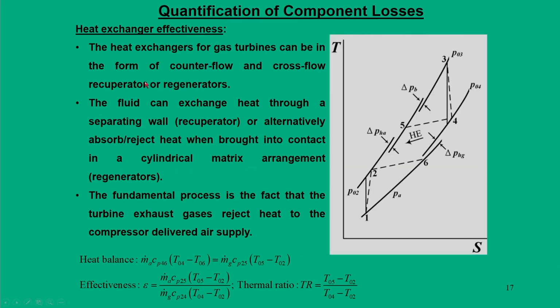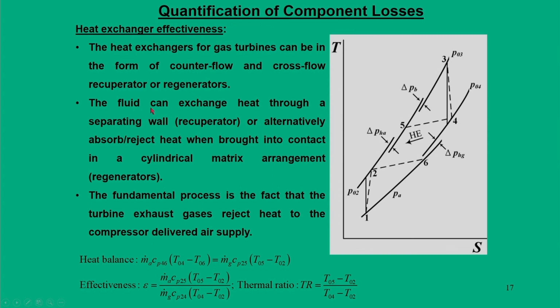And again, moving on from the heat exchanger, we also defined the heat exchanger's effectiveness to quantify the losses in our previous study, and there we expressed the losses in the heat exchanger as a function of effectiveness, or the thermal ratio. Now, why is this effectiveness required?